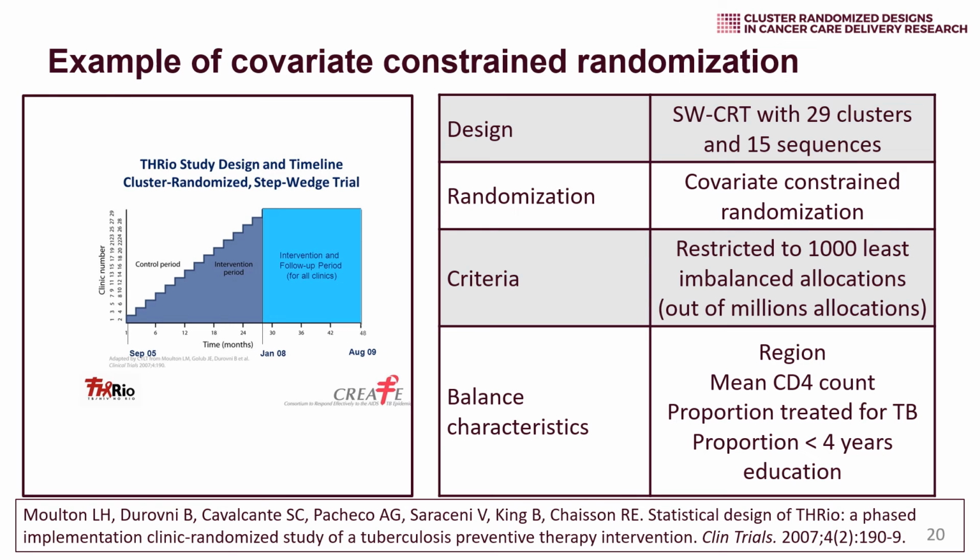After creating a global imbalance score based on those 4 characteristics, the allocations were restricted to those 1,000 allocations assessed to be the least imbalanced. And then one was chosen at random from those 1,000 best allocations.